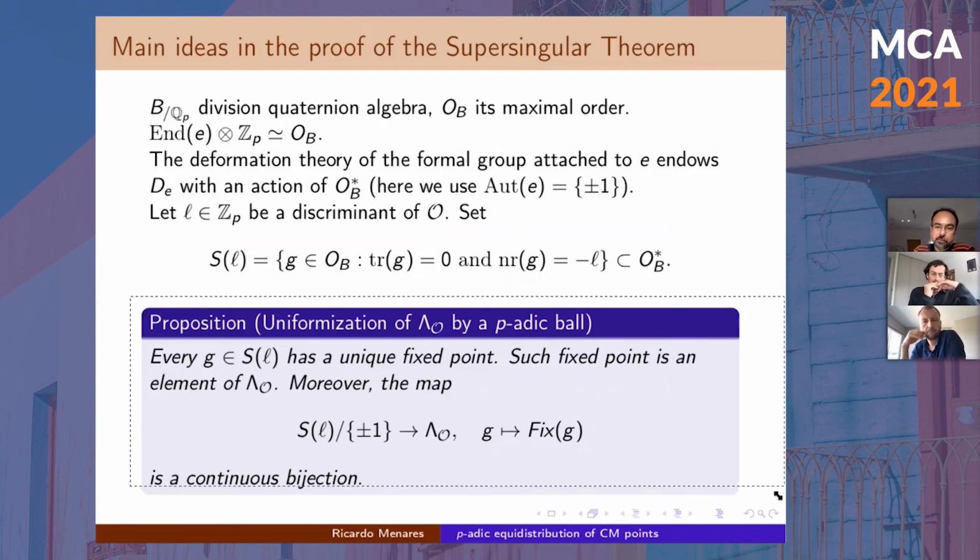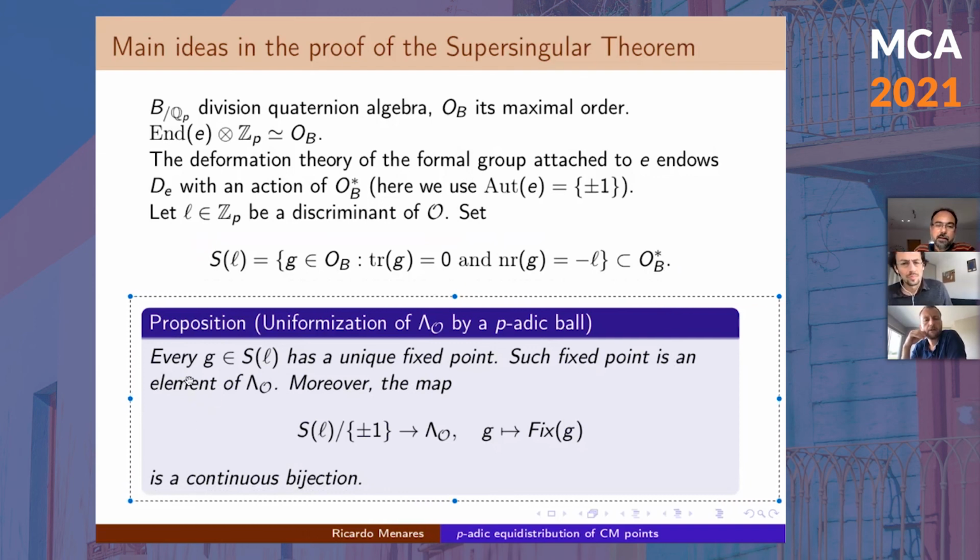This is just to give the main point: every point in this p-adic ball has a unique fixed point in D_E. Such a fixed point is an element of lambda O. And this will give you a uniformization. So the p-adic ball mod plus or minus 1 will be in continuous bijection with lambda O by the map that takes g to its fixed point.